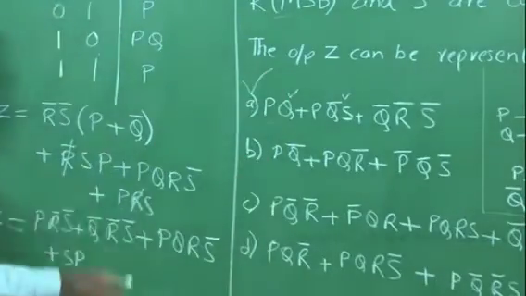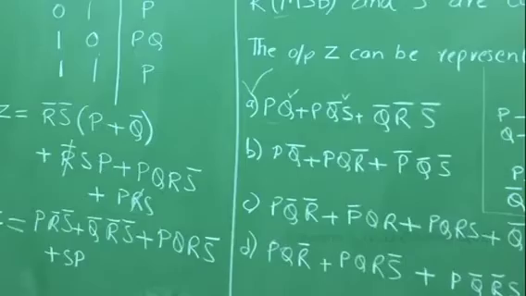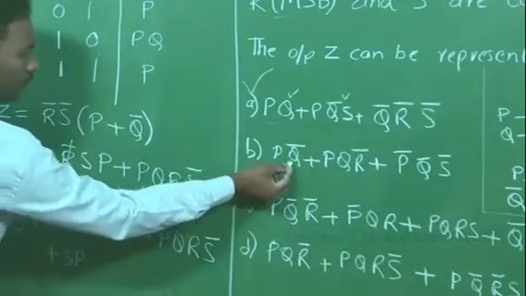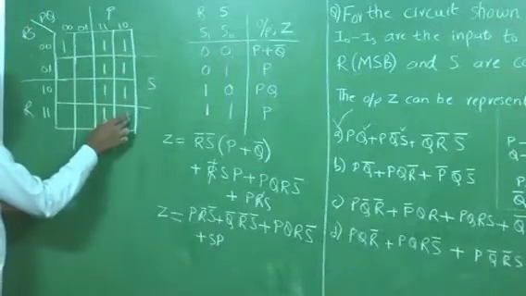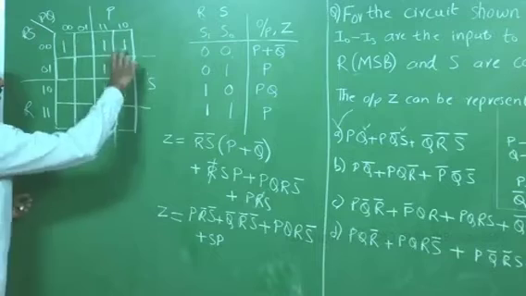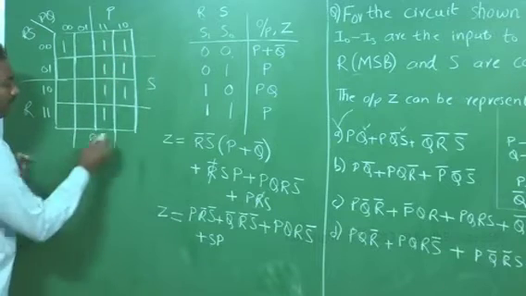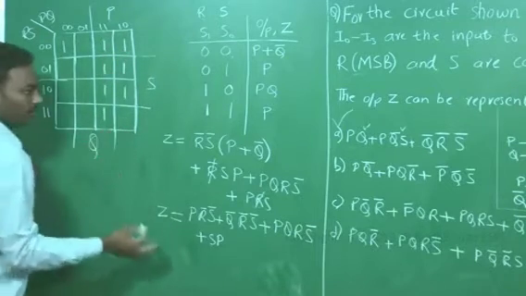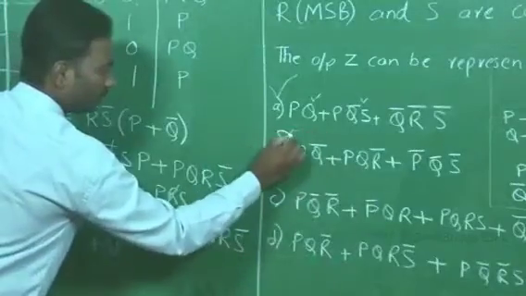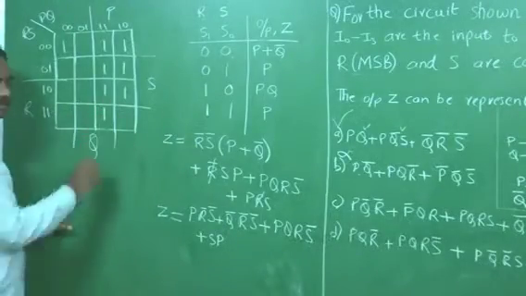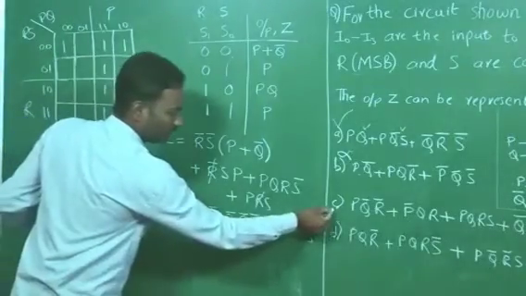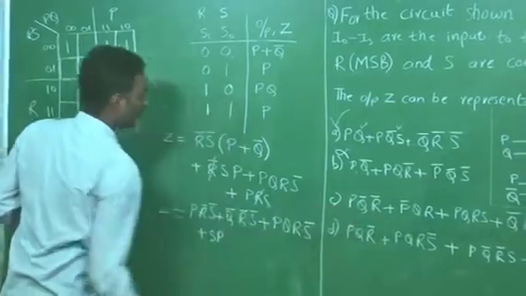Let us verify the other options also. Taking option B, the first term P Q bar. This is the P region, and P Q bar region is these 4 cells. But we don't have a minterm here. So this option B would be a wrong option. It covers an extra cell. Next, look at option C. The first term is P Q bar R bar.